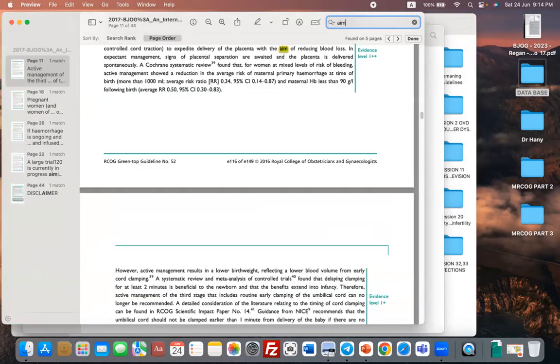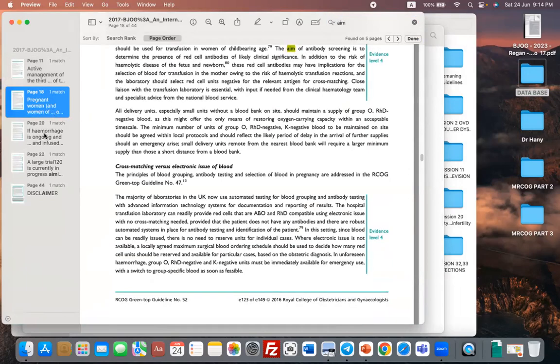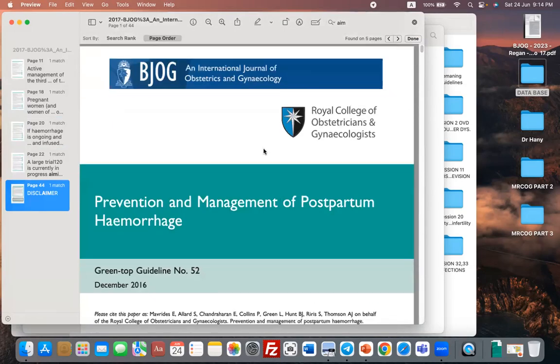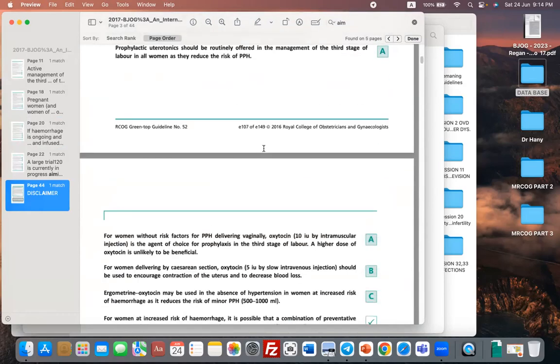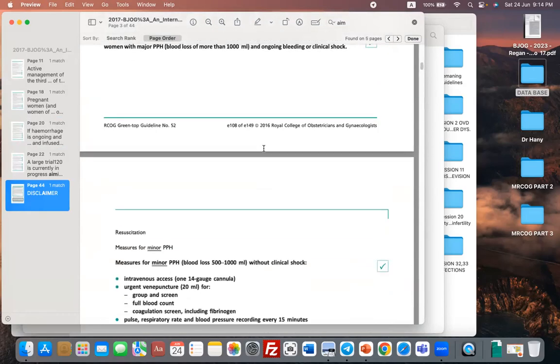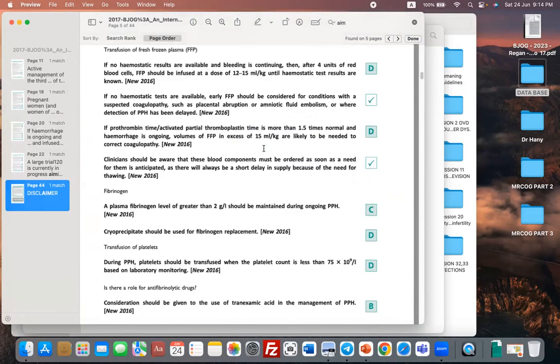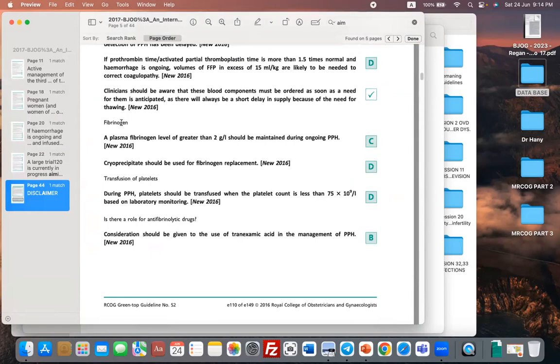Yeah, it's given here in the guideline also. Yeah, this is the one, I think. The plasma fibrinogen should be greater than 2. Cryoprecipitate for replacement. Postpartum hemorrhage, the platelet should be more than 75.